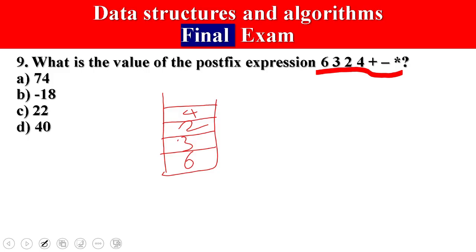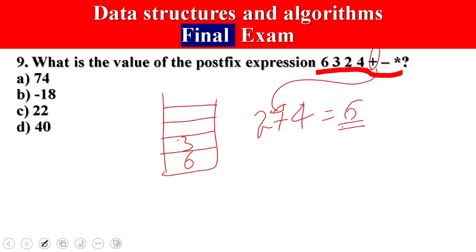The first operator is plus. To perform the addition, first we have to pop two elements from the stack. First 4 is popped, then 2 is popped, and the sum is 6.